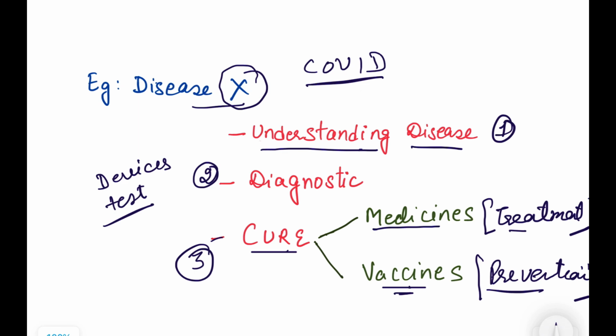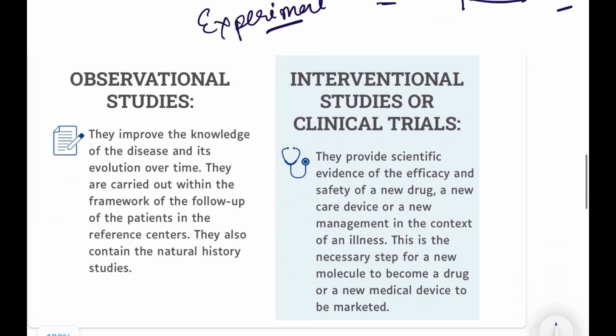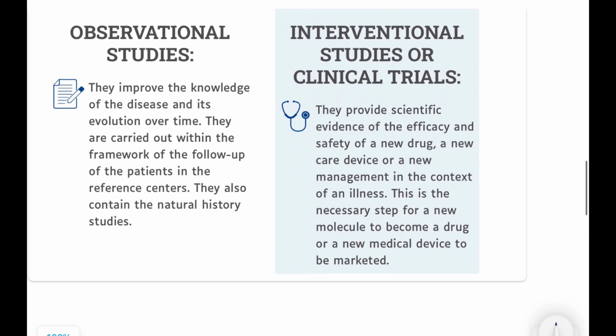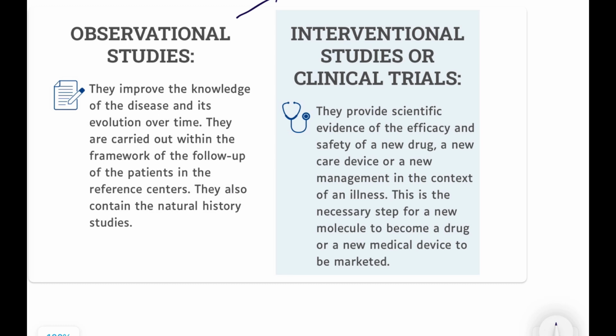Let's also understand how scientists try to understand any disease, and what they really do. For the cure, we can understand that they will be planning experiments, and these are known as clinical trials. Now they further plan two types of studies. One is observational studies, and the second is interventional studies. Now one by one.